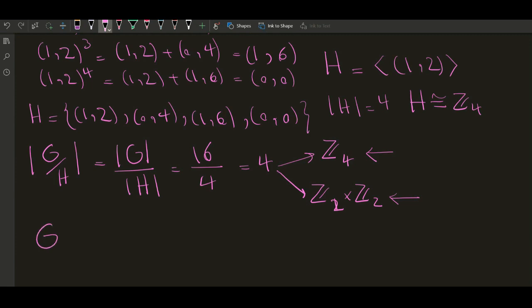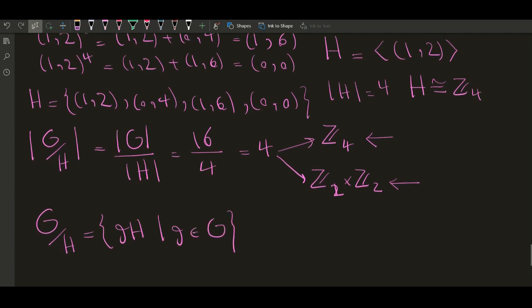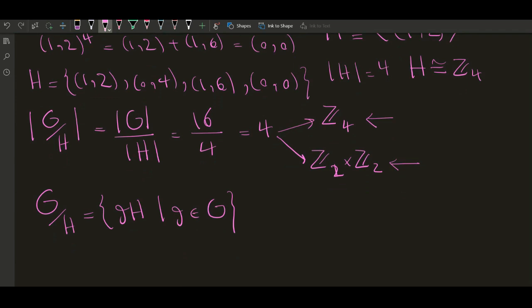We know that elements of our quotient group are of the form gH, where g belongs to G. And the identity element in our quotient group is just the identity coset H. I want to remind you that the coset aH equals H if and only if a belongs to H. We want to use this in finding the order of elements in our group.